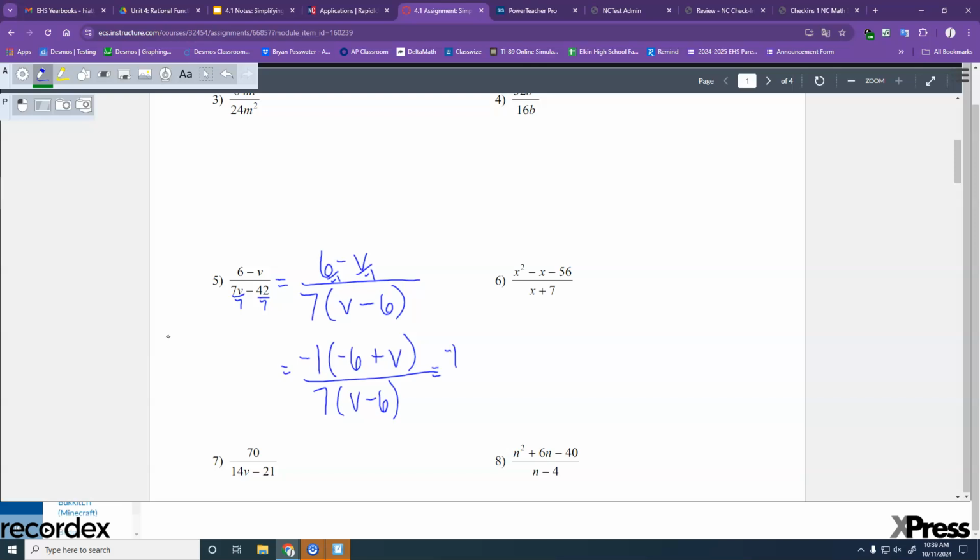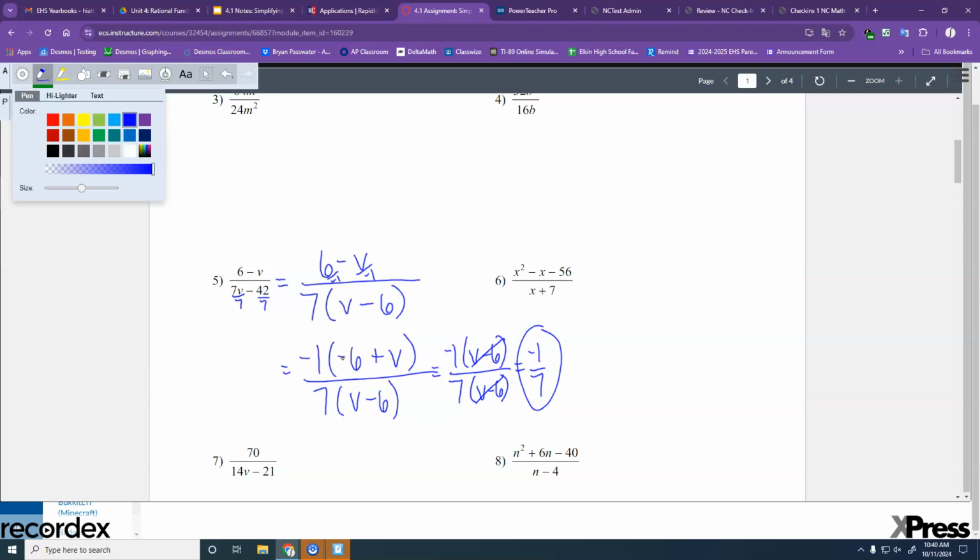Can I write it this way? v minus 6, like that. If I have negative 6 plus v, can I write that as v minus 6? That's okay, right? Because I kept my signs like they were. And then 7 over v minus 6. And now, does anything cancel? Yeah. Now my v minus 6 is canceled, and I just get negative 1 over 7.